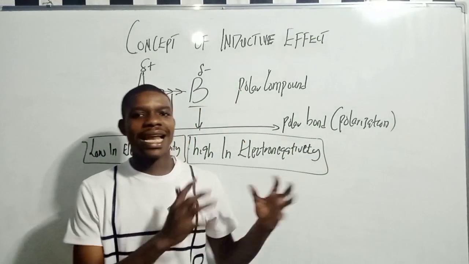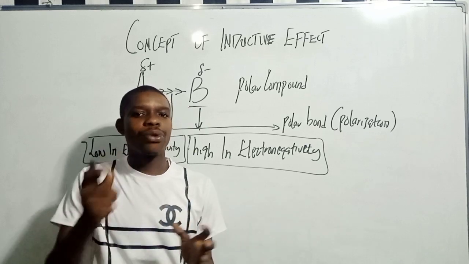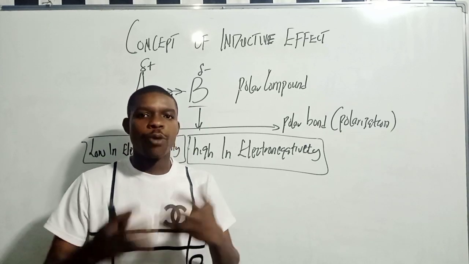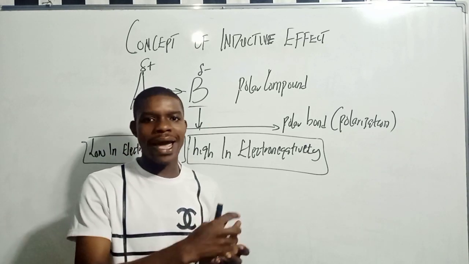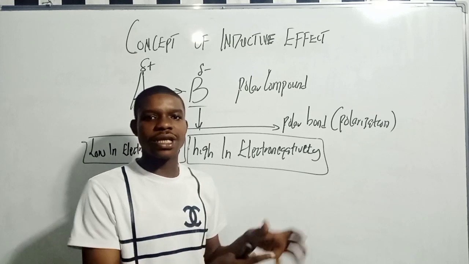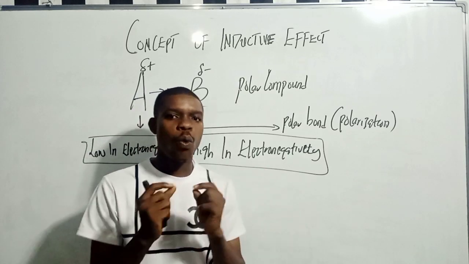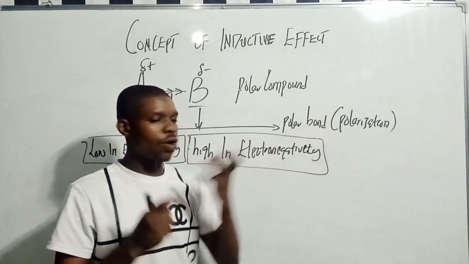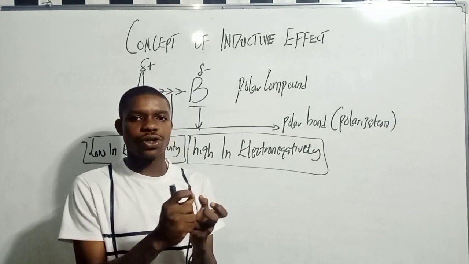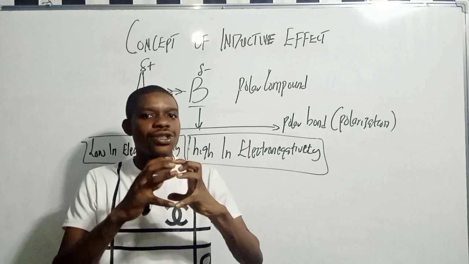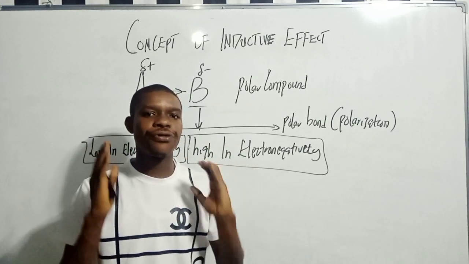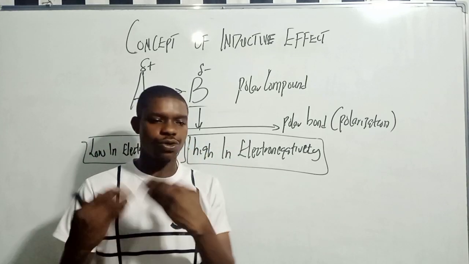So electronegativity and polarization go together. Polarization only occurs when there is a difference in electronegativity between atoms forming a covalent bond.